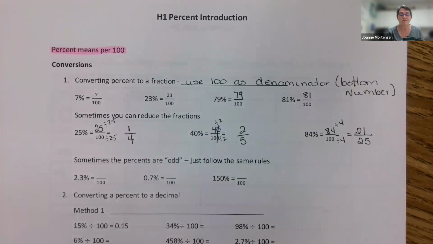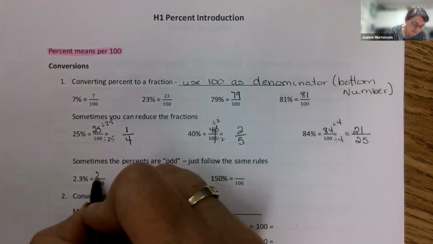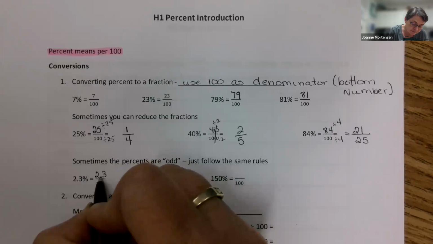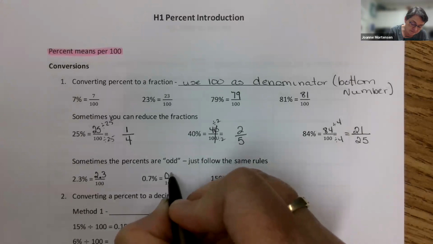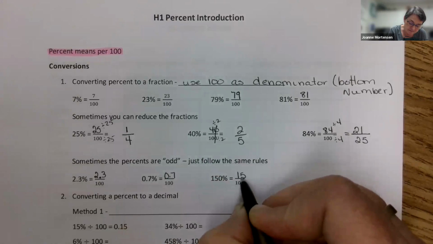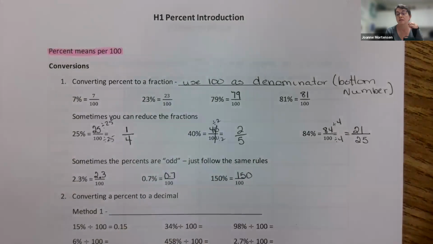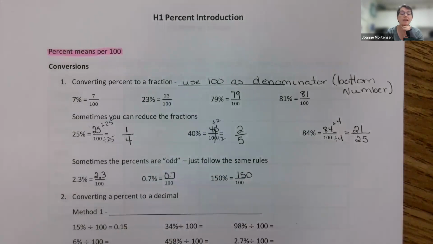Okay, sometimes percents are odd. Just follow the same rules. Okay, those answers still seem odd. This one feels weird because you have a decimal and a fraction at the same time.